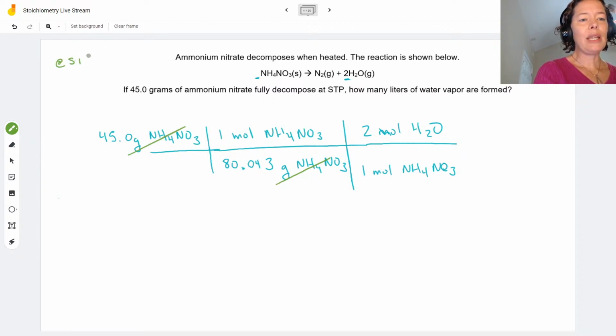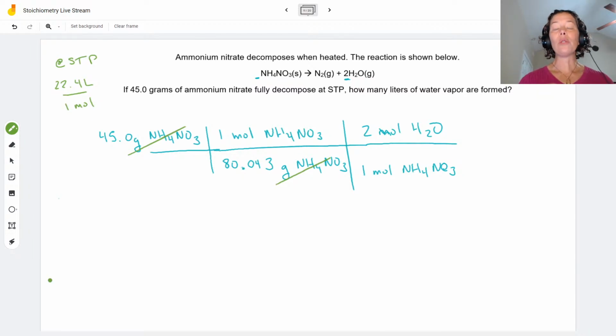At STP, an ideal gas, which we are assuming here, has 22.4 liters per 1 mole. Now this is only at STP. You can only use this conversion factor at STP.